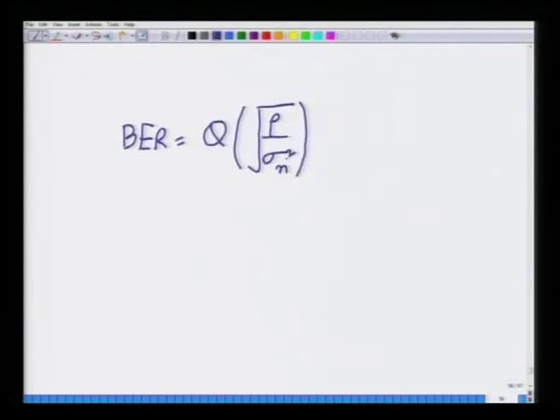but p over sigma n square, as we see, is the ratio of signal power to noise power, or the signal to noise ratio, which is abbreviated as SNR.